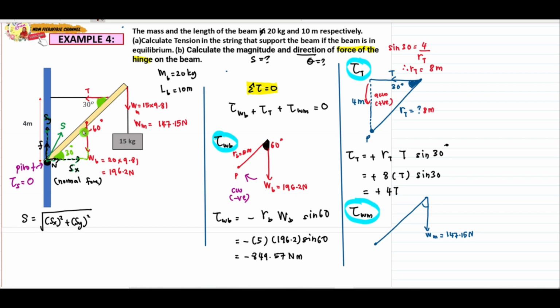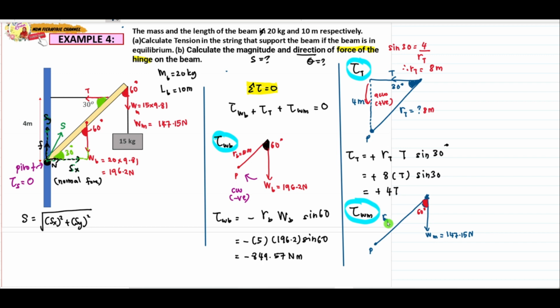Kalau dekat sini tadi 60 degree, samalah sini pun mesti 60 degree. Okay. This should be 60. Boleh? Okay. And then from pivot point ke point that we exit the weight of the mass, nak letak apa RW lah.